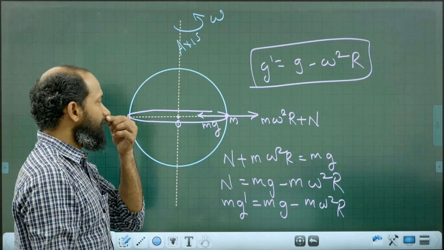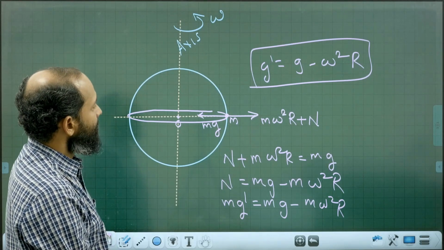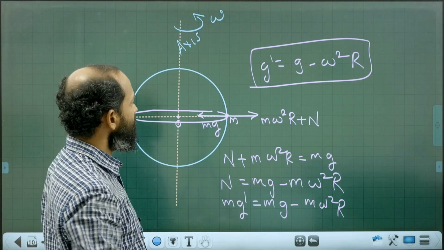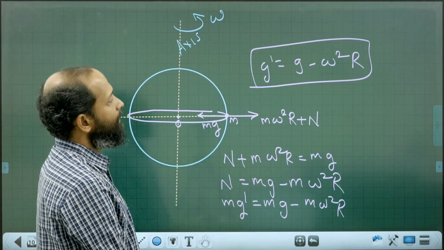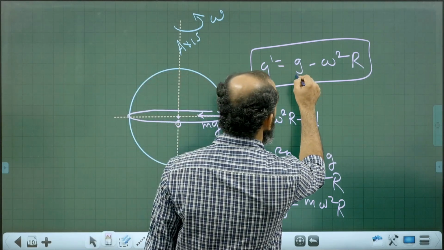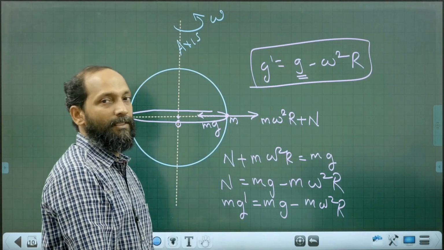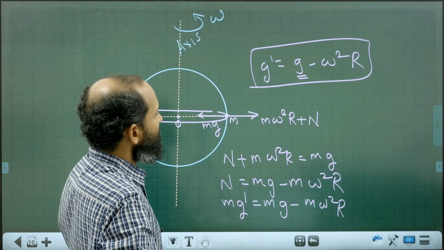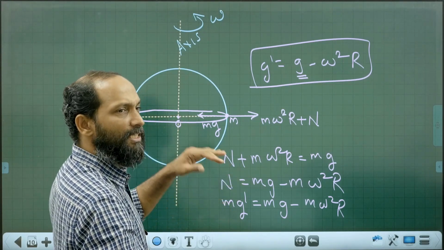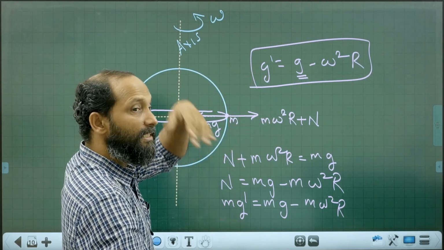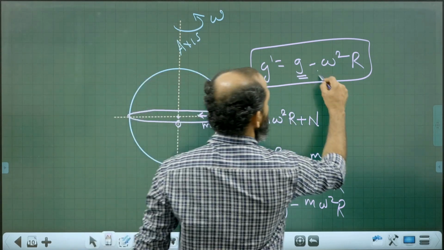So the acceleration due to gravity at any equatorial point on the surface will be less than the value of g if Earth was not rotating. That is why, if Earth suddenly stops rotating, the value of g would increase by this amount, omega square R.